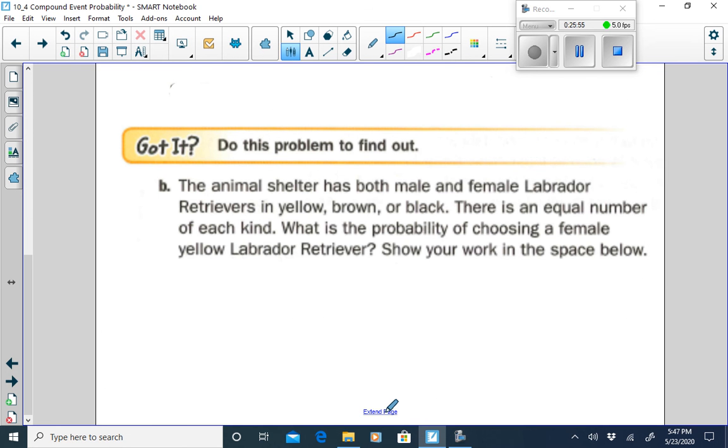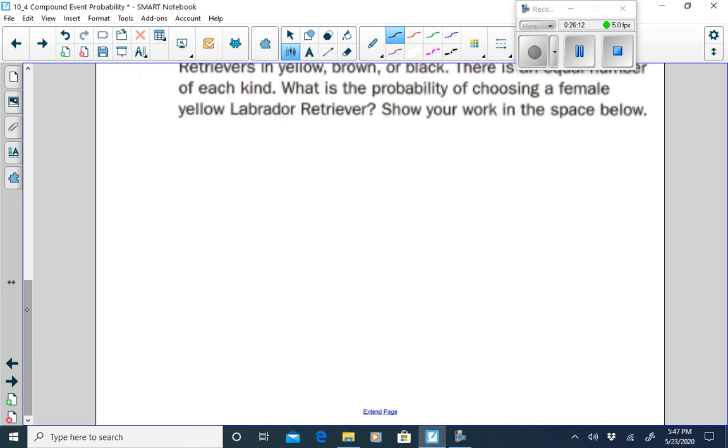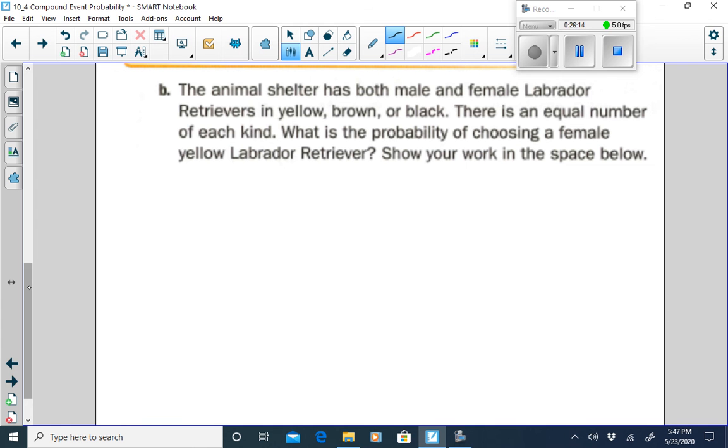All right, let's go down here. The animal shelter has both male and female Labrador retrievers in yellow, brown, or black. There's an equal number of each kind. What's the probability of choosing a female yellow lab retriever? Show your work in the sample space. Let's talk about the possibilities for the dog.